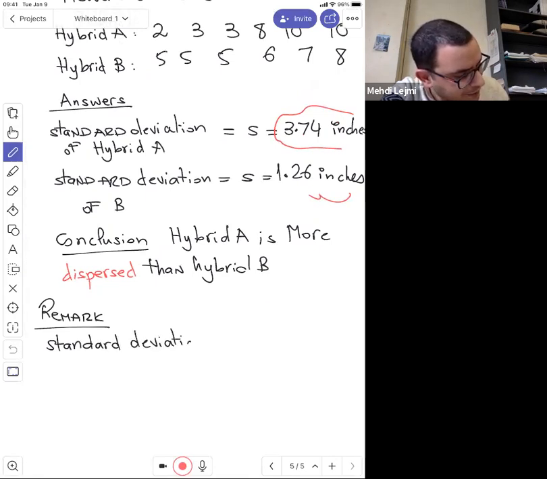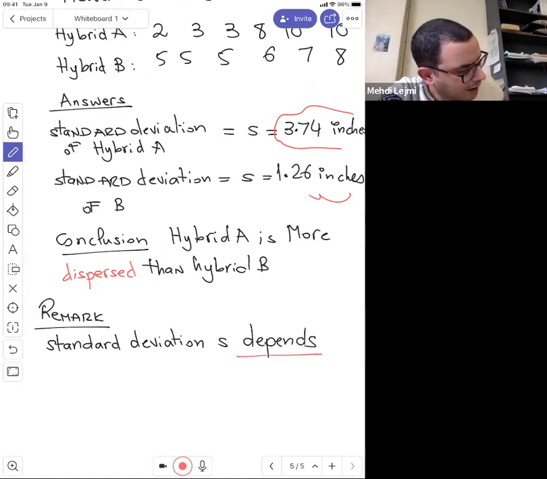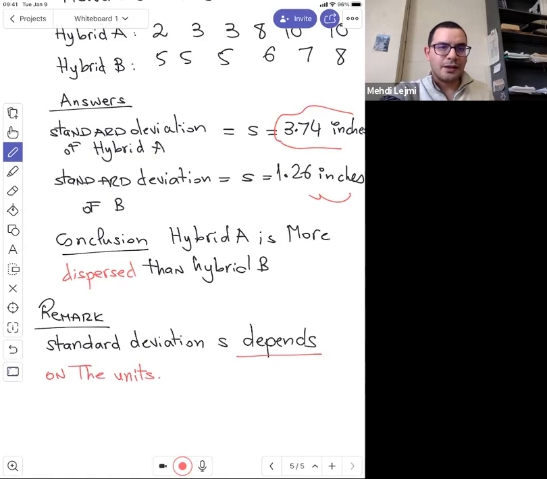Your answer is going to depend on the unit. The key word here is depends on the unit or units, okay? And if it depends on the units, then we cannot compare.